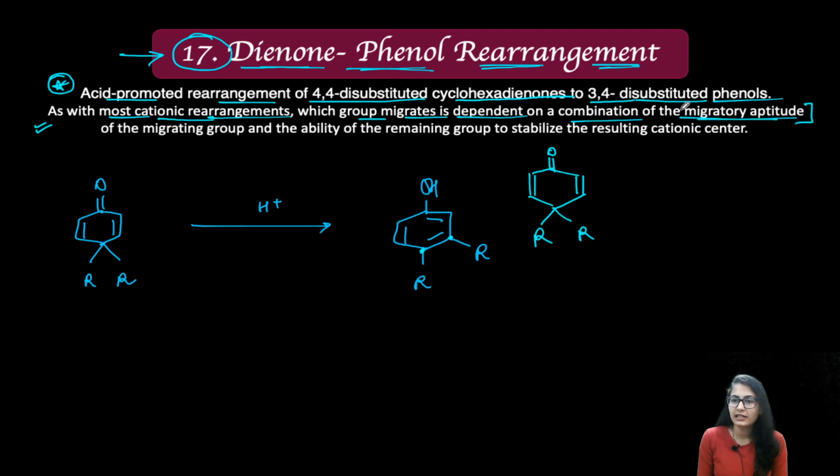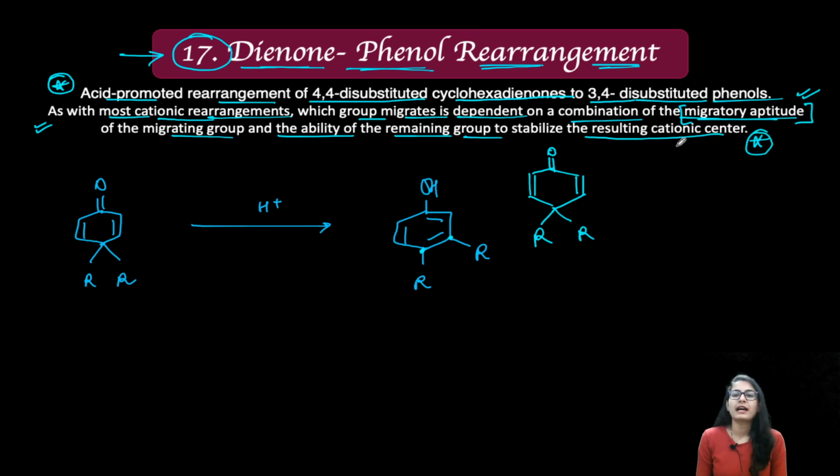Definitely there is migratory aptitude, guys. The more electron rich is going to migrate to the carbocation, definitely, because it is a carbocation and it will want the more electron rich group to come to it. Yes, so the migratory aptitude is greater for the more electron rich of the migrating groups, and as well, the ability of the remaining group to stabilize the resulting cationic center is of equal importance.